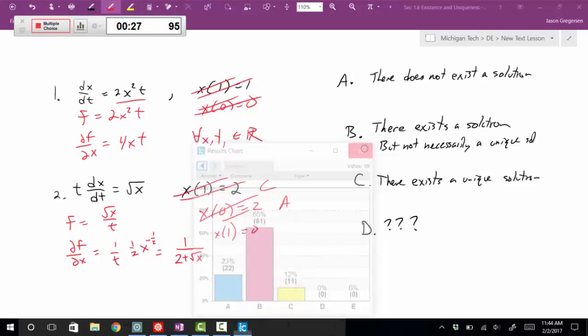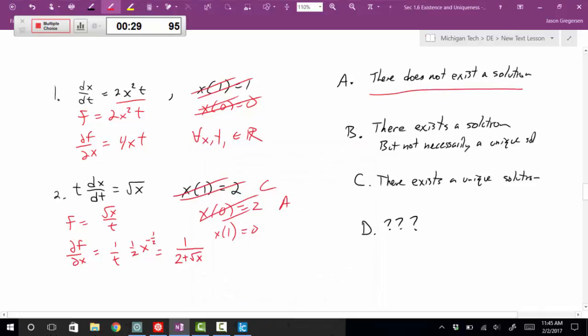The idea is, is there a solution? To do this, we check F first. If I plug in t equals 1, x equals 0, what do I get from my value of F? 0. So everything is fine there, and there does exist a solution. But is it unique? When I plug that into the partial, that's where I have my problem. X can't be 0 for that partial derivative, so the partial is not continuous. That means there's going to be a solution there, but there might be more than one. It might not be unique. So in this case, we have B.